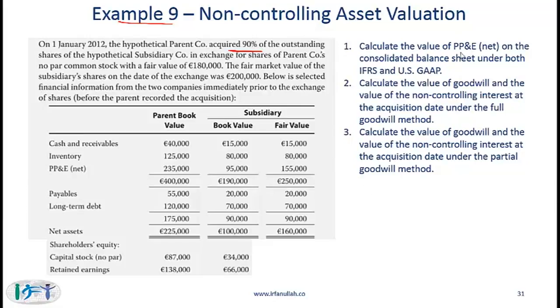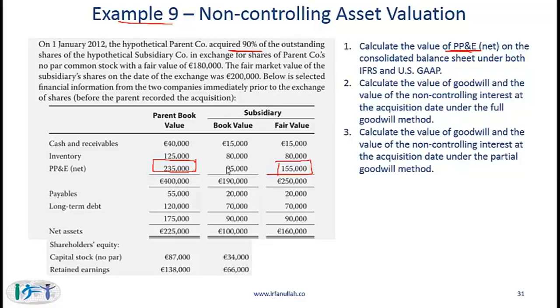The first part actually is quite easy. The property, plant and equipment. Here we simply take the property, plant and equipment that we have for the parent, which is 235,000, and then add the fair value. Note that we are adding fair value, not the book value. And that is what is reported on the consolidated statement.